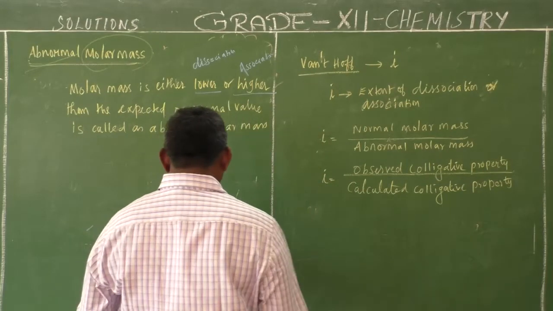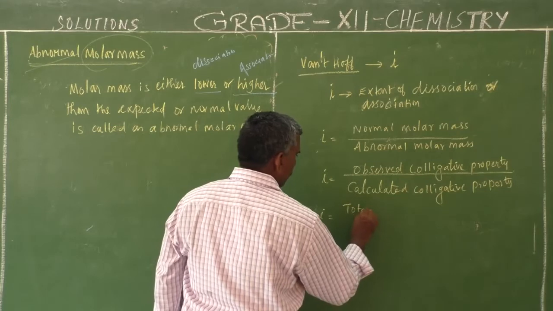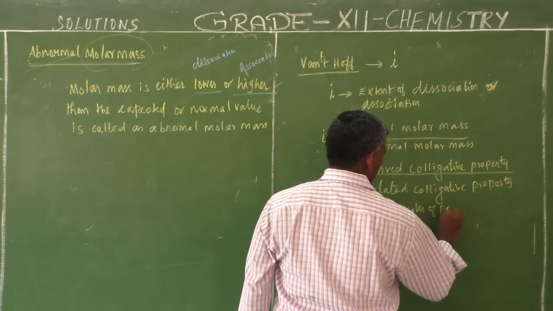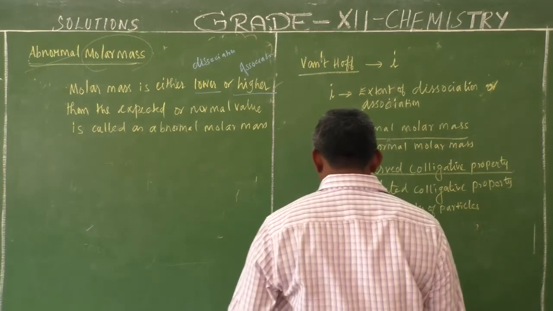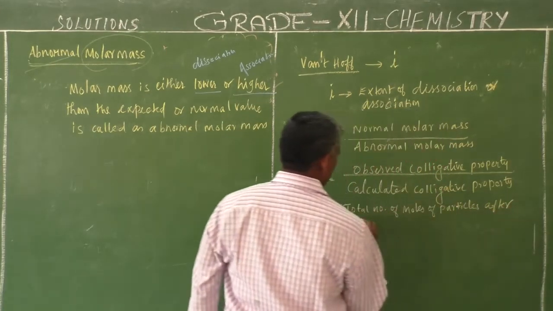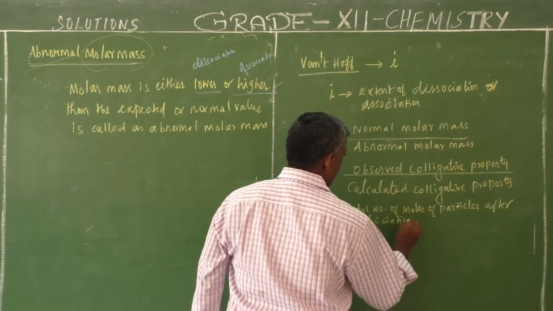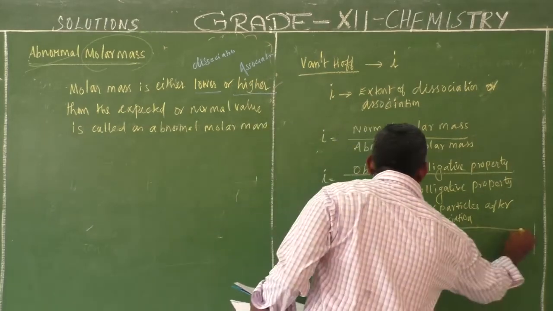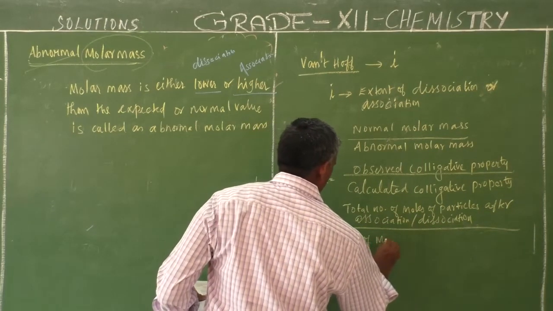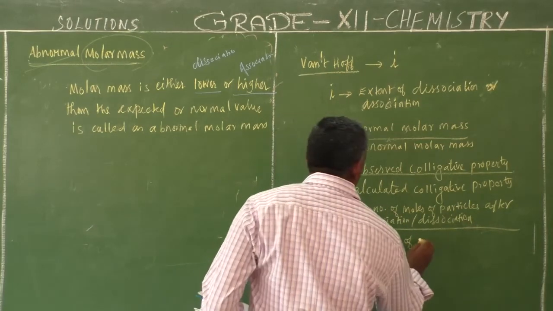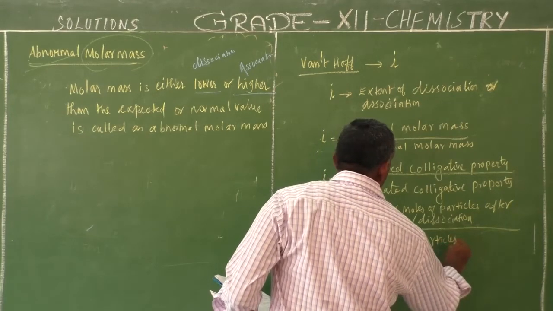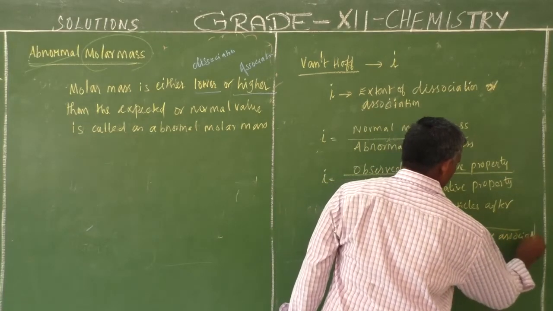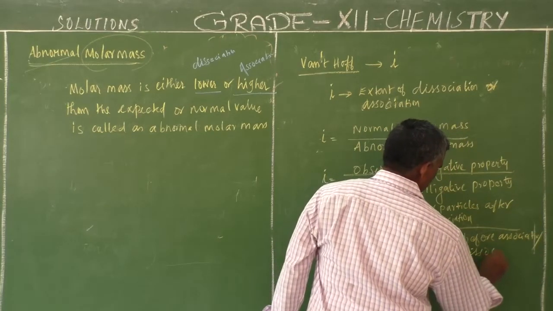Now, the very important third formula. i equals the total number of moles of particles after association or dissociation, divided by the number of moles of particles before association or dissociation.